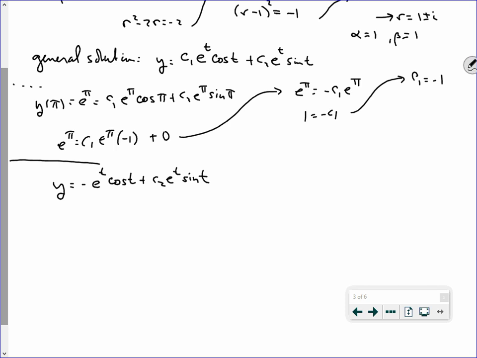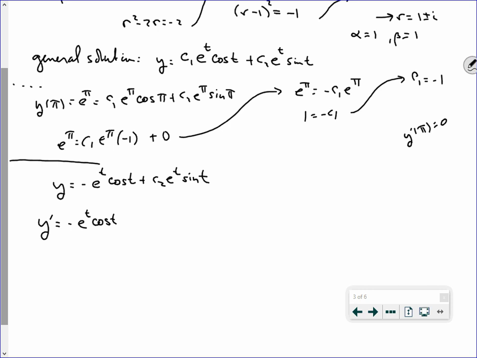And our other part of the initial value had to do with y prime of pi equals 0. So we have to take the derivative of this one, and it's going to be a product rule problem. Derivative of the first times the second plus the first times the derivative of the second. So that's negative e to the t, the derivative of the e to the t part, times cosine.